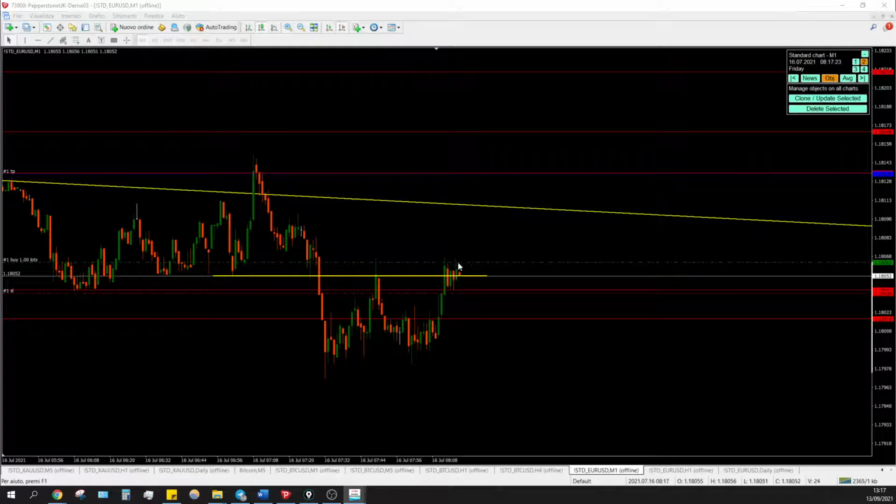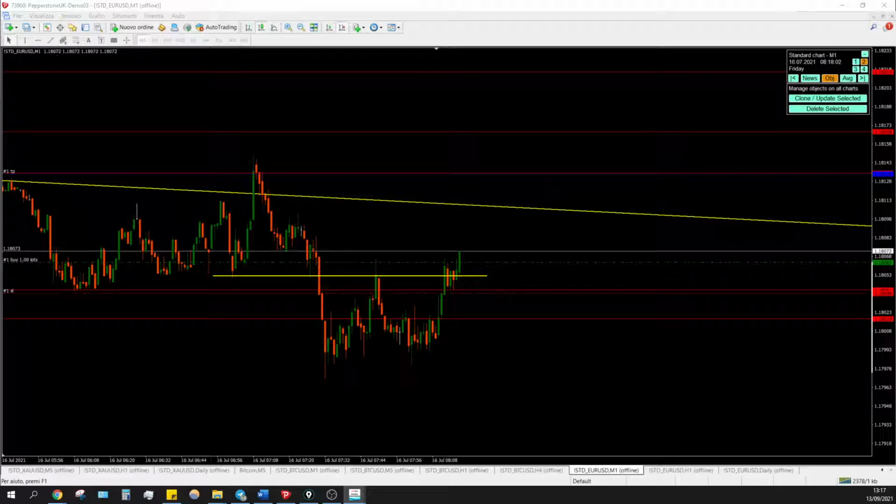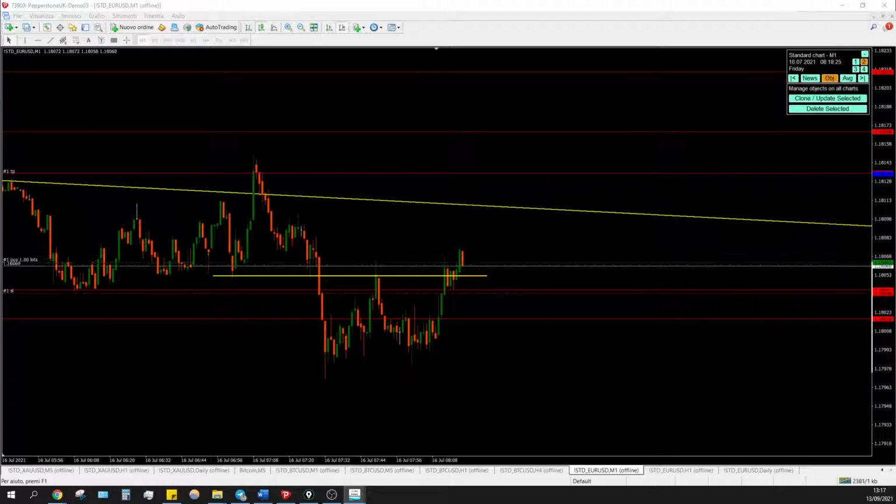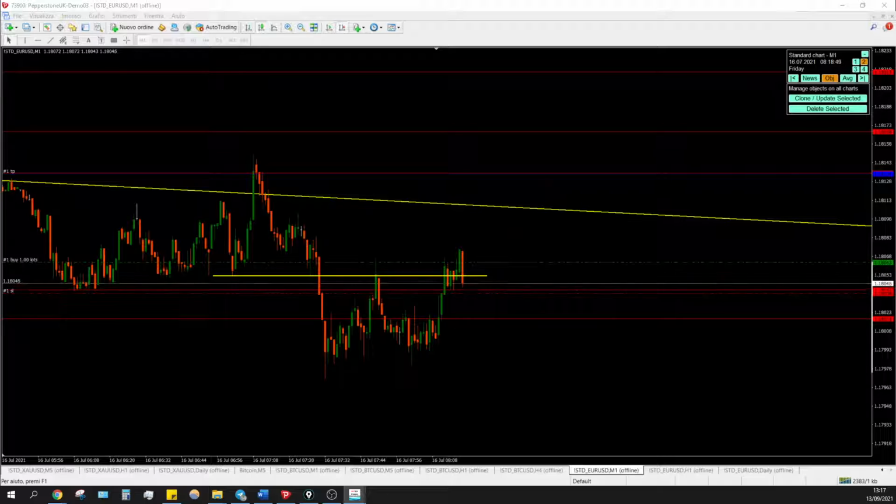Really not what I want. I waited for the close of the candle. Let's see. Okay. I really don't like this action. And I'm going to accept the risk.